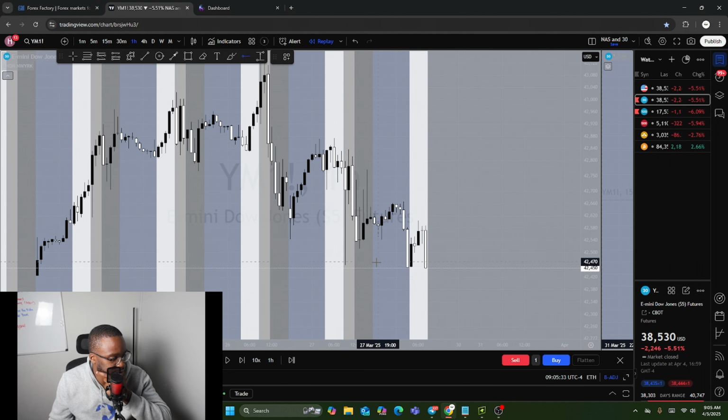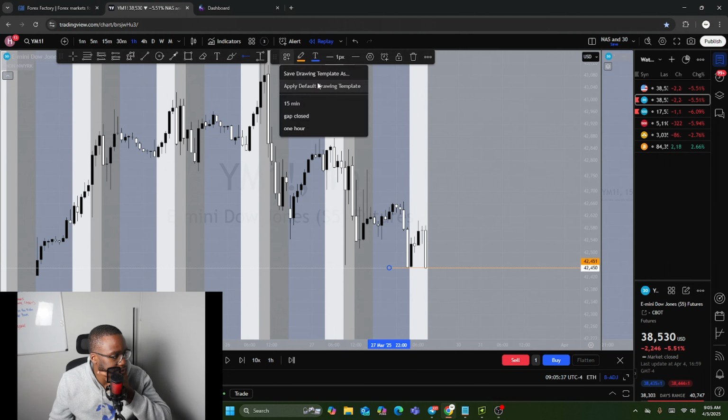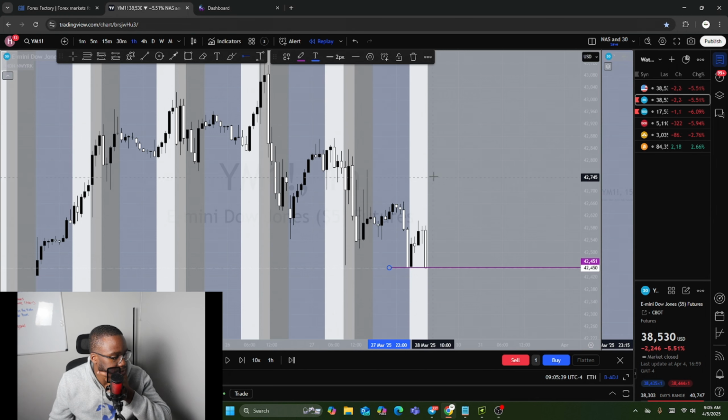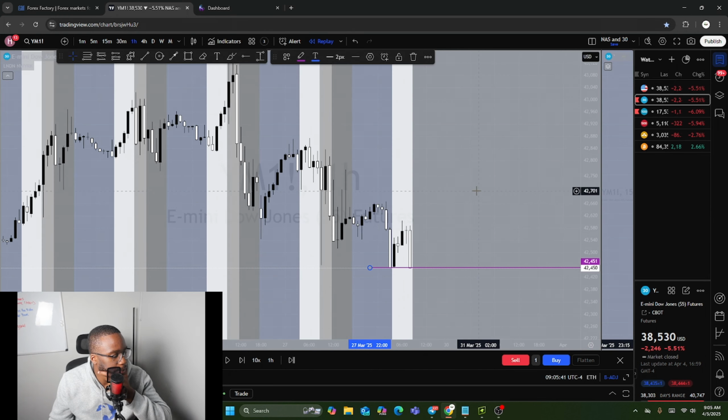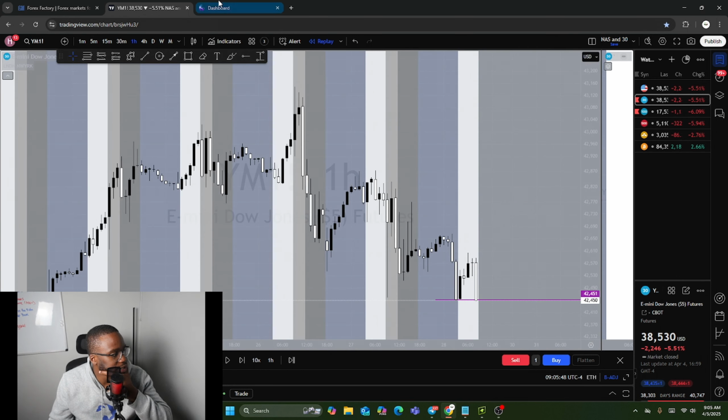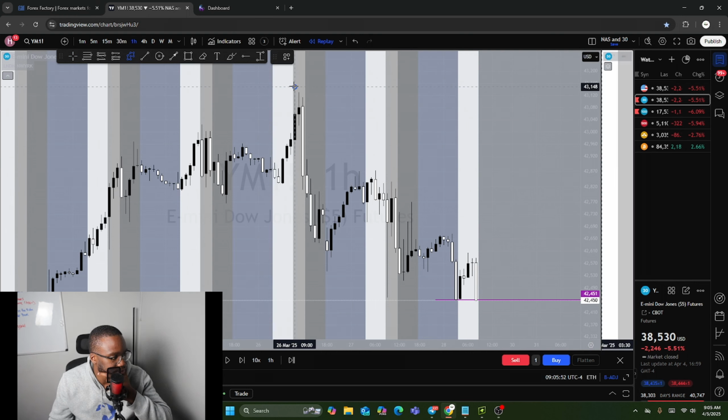I'm gonna mark out this low in a 1 hour time frame. As I said, whenever I get kind of confused about structure, I like to just draw it out. Sometimes I can see it with my eyes, sometimes I can't. Sometimes it's a little confusing.